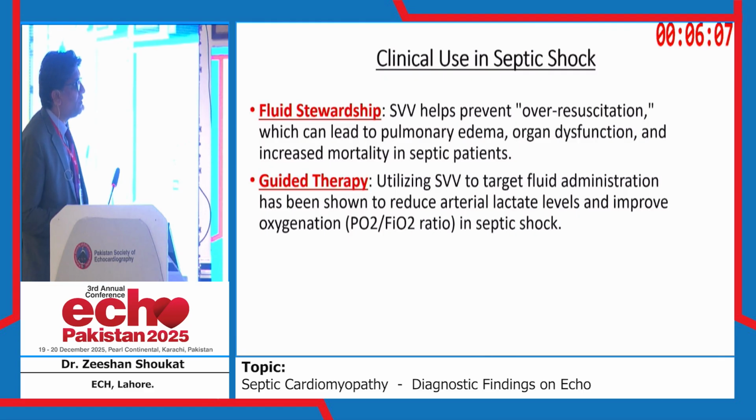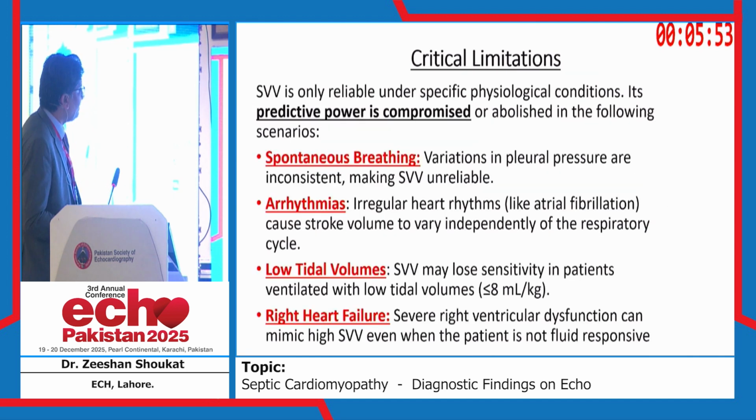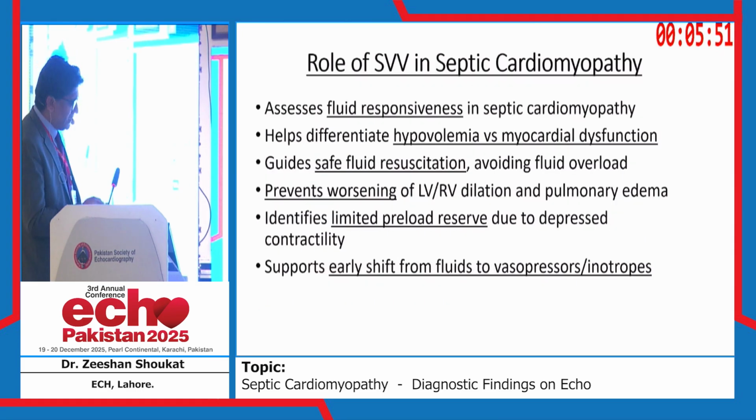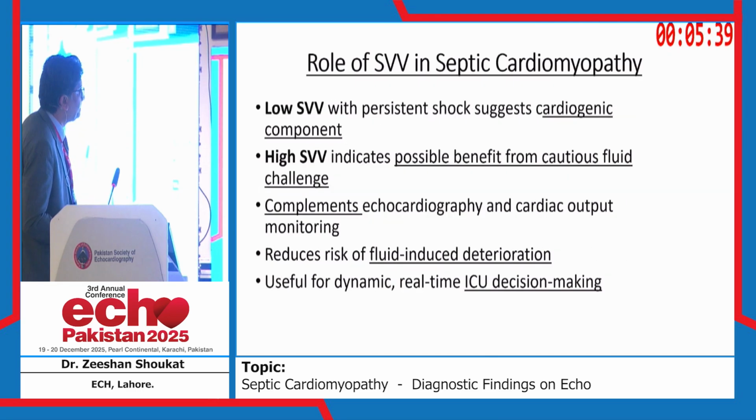It helps prevent over-resuscitation. If we only follow stroke volume or lung ultrasound, we can avoid over-resuscitation, and we can avoid the pulmonary edema which we cause in patients in the ICUs and ER with excess fluids. There are some limitations, as I mentioned, such as RV dysfunction or arrhythmias, but definitely it prevents worsening of LV-RV dilatation and pulmonary edema, and supports early shift from fluids to vasopressors.